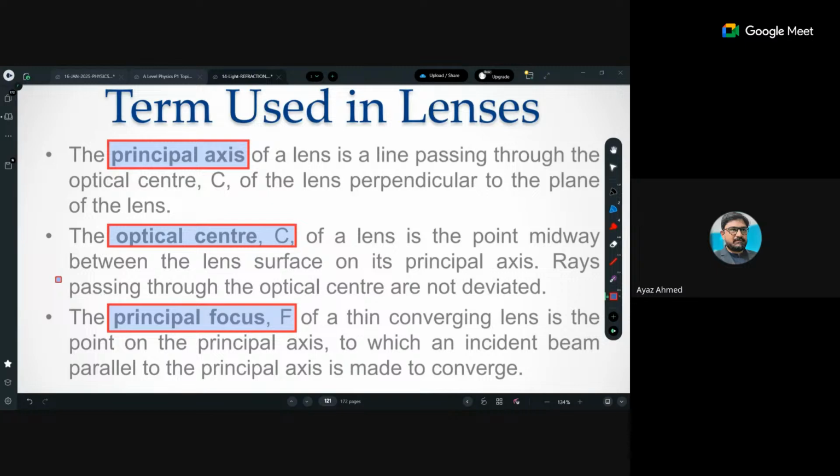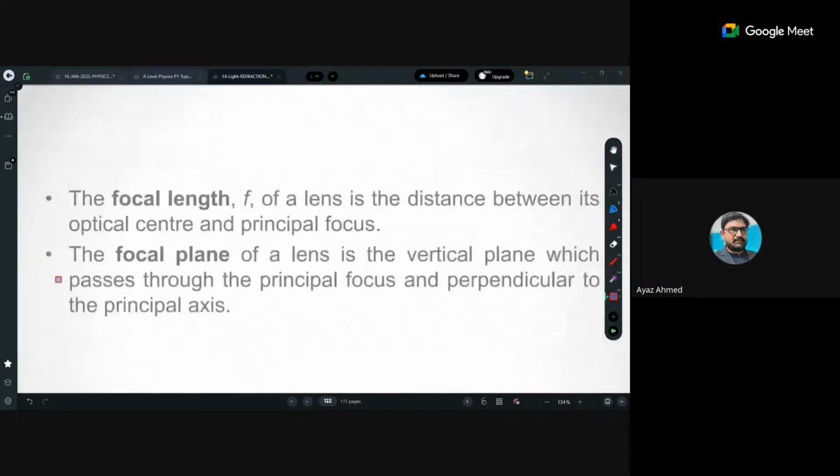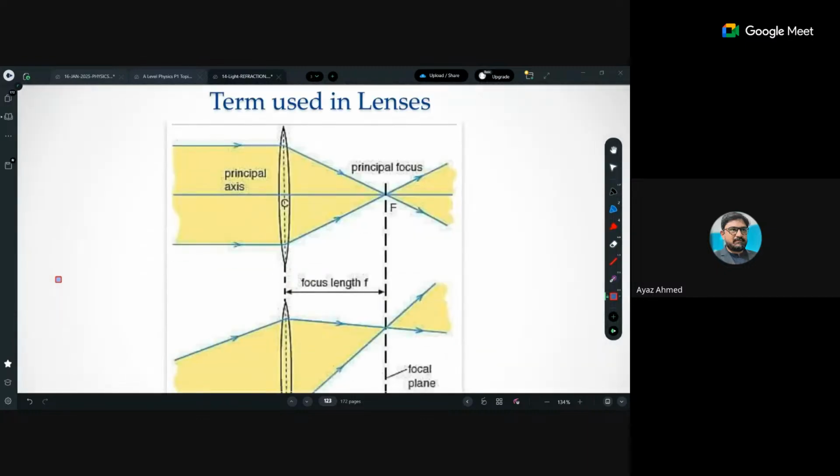I will draw it. Optical center is the geometrical center or midway of the lens, and principal focus is the point at which all the light is converged after passing through. That is, parallel light rays focus on a single point.